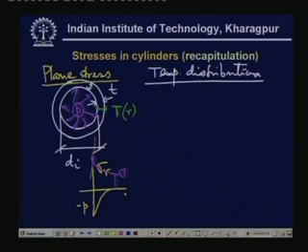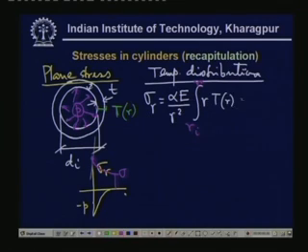Then, if we again use the plane stress considerations, sigma r is given by alpha, the coefficient of thermal expansion, which is known, over r square, times the integral with lower limit Ri and upper limit R, that is the value where we are interested in, of r T as a function of r dr, and there it is a minus sign.